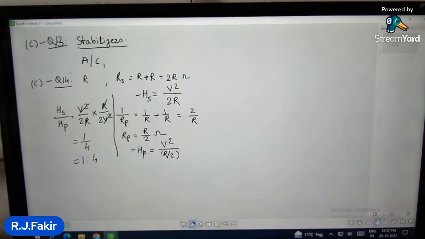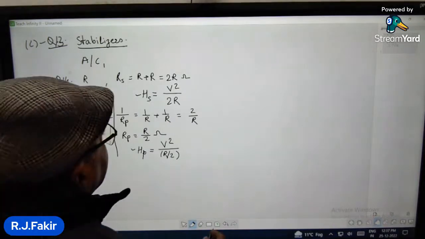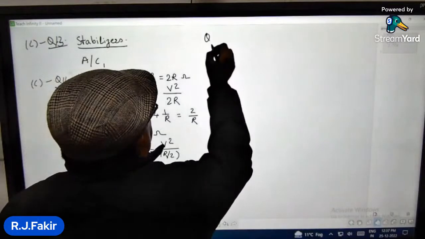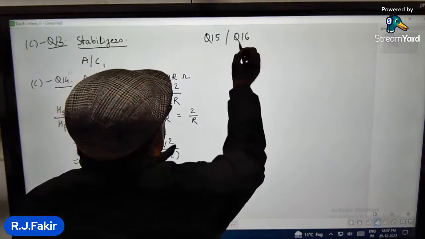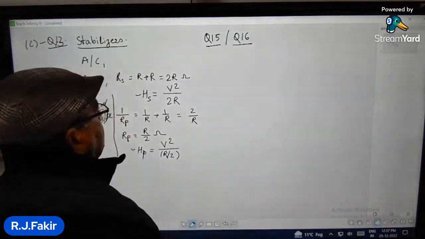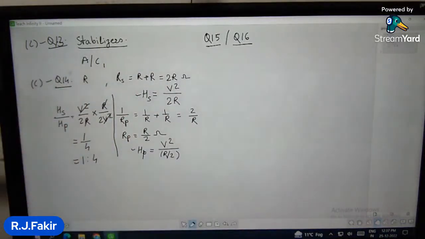Now the question numbers 15 and 16. They will be either the concept of electricity or about magnetic induction.